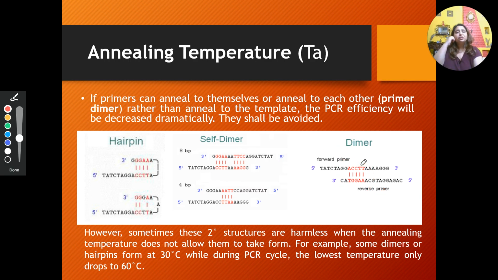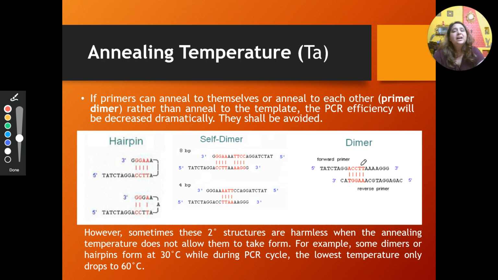See, the formation of dimers, whether it is a self dimer or the formation of the dimers between the forward and the reverse primer, as well as hairpin loop, to some extent is okay. Why? Now, these secondary structures generally are formed at low temperature, that is 30 degrees Celsius, which is normally the room temperature.